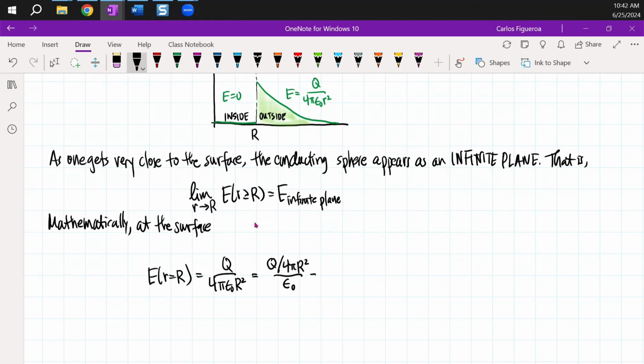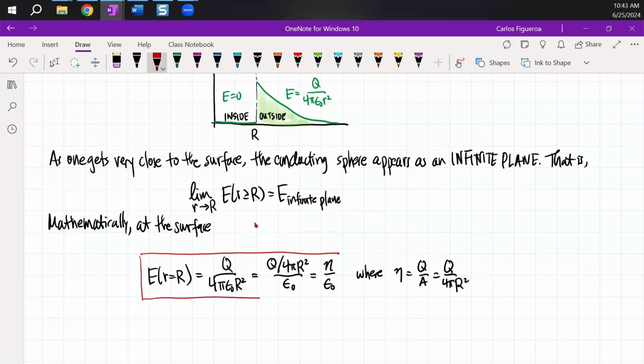But this is really the surface charge density, eta, which is charge per area, and in this case it's charge over 4 pi big R squared. That's a really powerful statement, because it looks like an infinite plane field, but it's actually stronger.